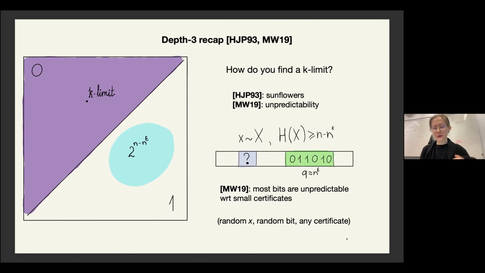What does this mean? After I've sampled X and the bit that I'm guessing, if there is at least one certificate in the string, if there is at least one choice of my queries that will help me to determine this question mark, I will go for this best choice. And the theorem of Meir and Wigderson says, well, with high probability, there is no such choice.